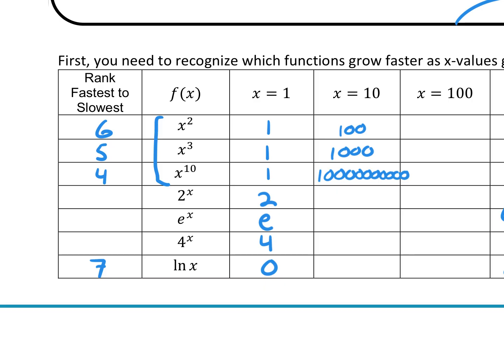All your polynomials are growing fast, but they're not as fast as the exponential ones. And if you notice, the exponential ones are ranked 3, 2, and then 1. These are always going to grow the fastest, and ln is always going to grow the slowest.